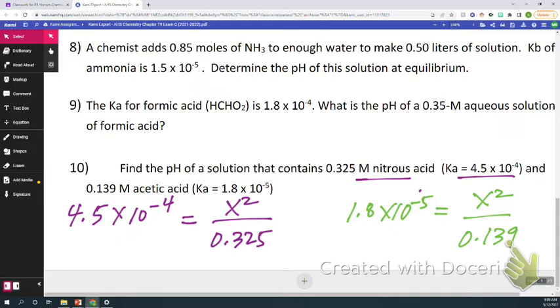Solve for x and x. Once you solve for the two x's, that's the H plus. The first x is the H plus nitrous acid gave. The second x is the H plus that acetic acid contributed. Add both of their contributions of H pluses together, and then negative log that to get the pH.